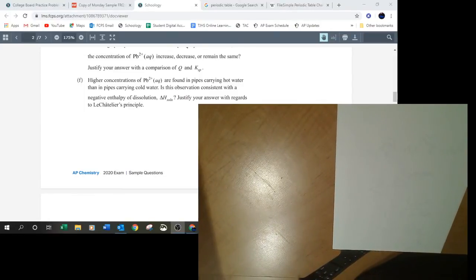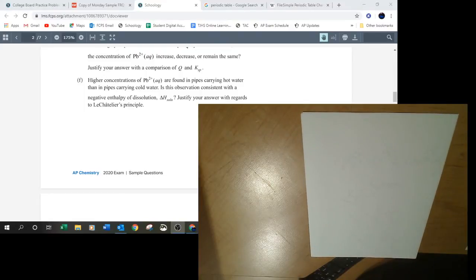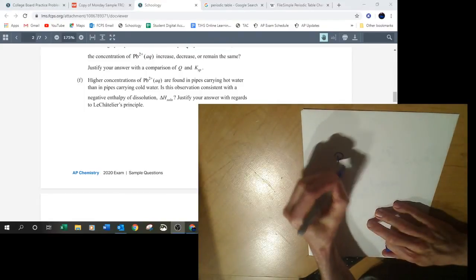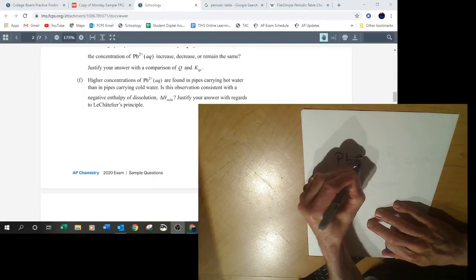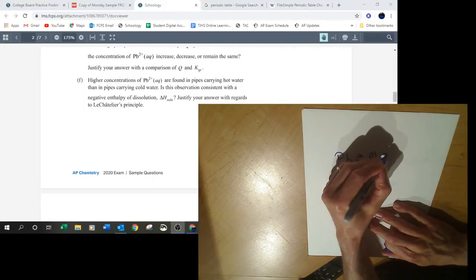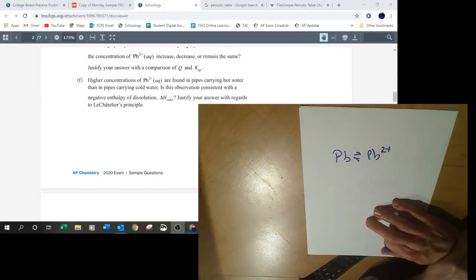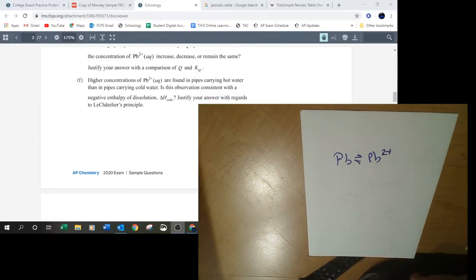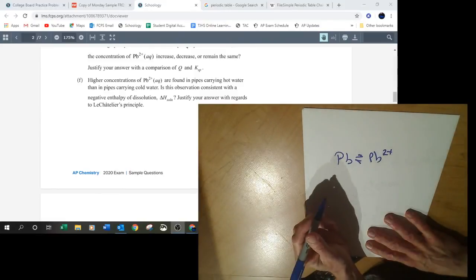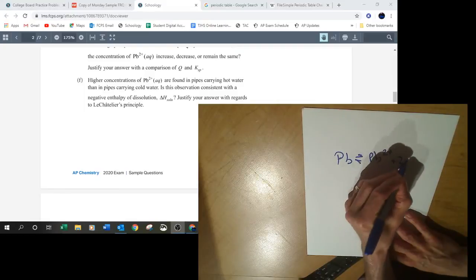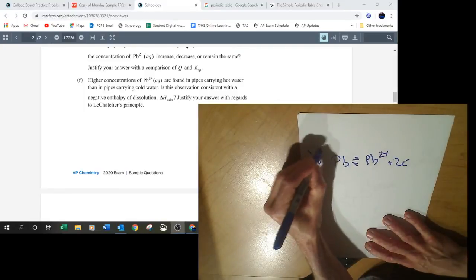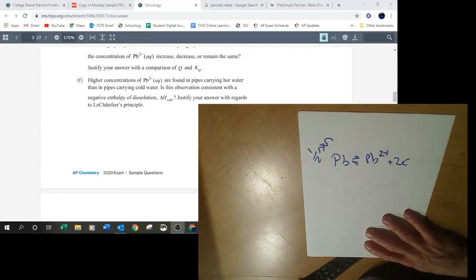So let's look at that. Lead going to lead ions, let's say 2+, I believe that's how they were represented, yeah. And now, +2 electrons going somewhere, so this is a half reaction. It says that it's a negative enthalpy of dissolution.